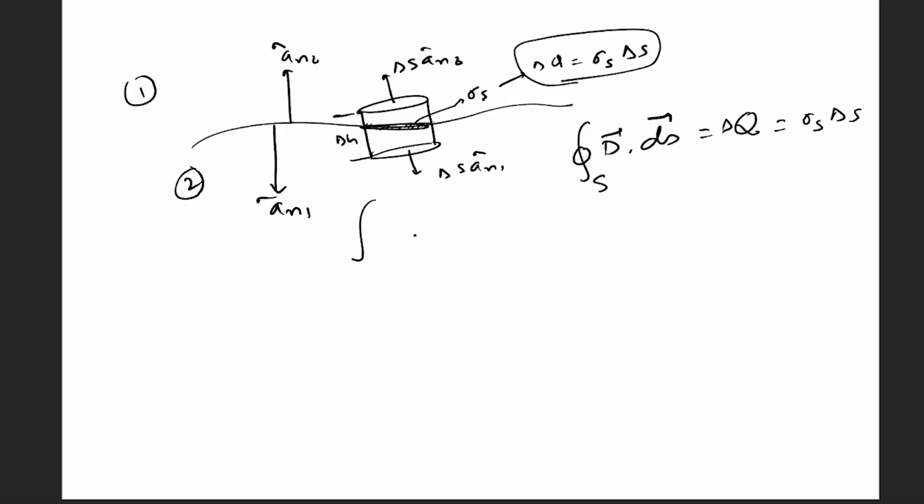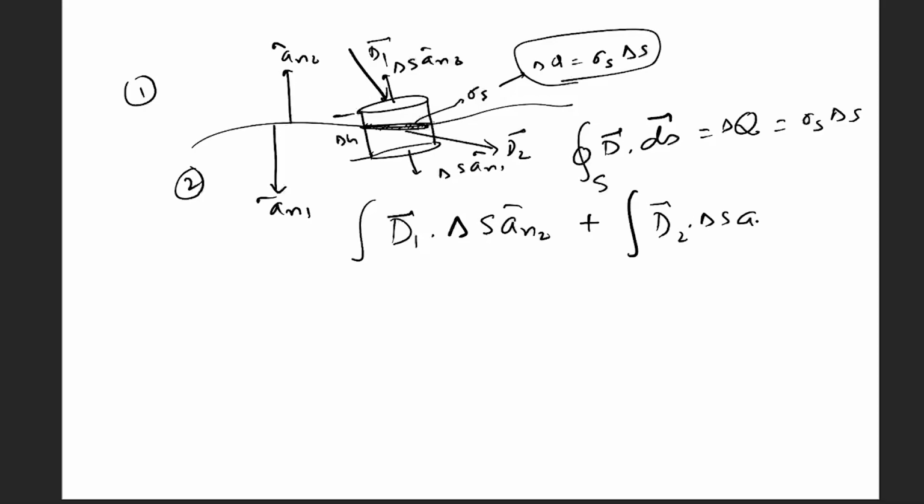So I will have, let us say this is D1 and this is D2, D1 dot delta s a_n2 plus D2 dot delta s a_n1, plus D dot the curved surface area, should give me sigma_s delta s.